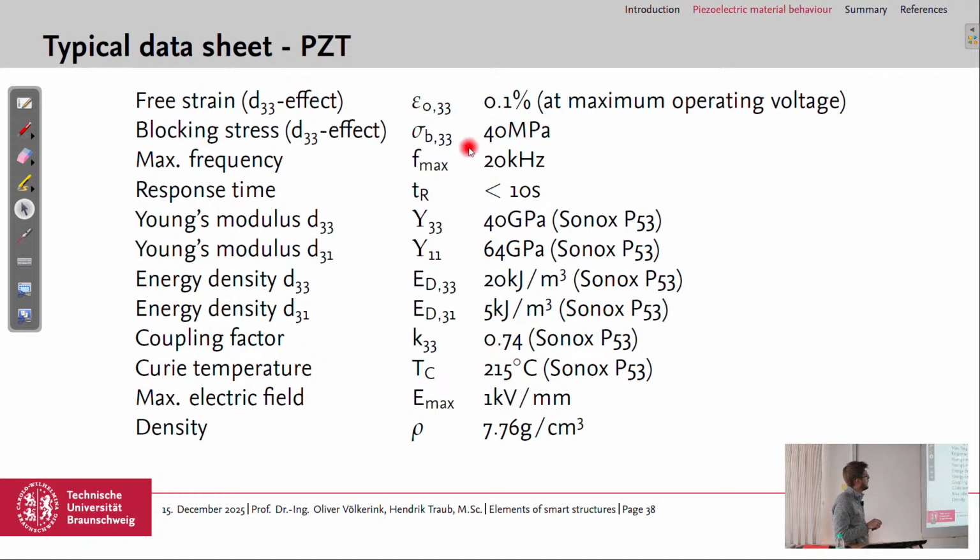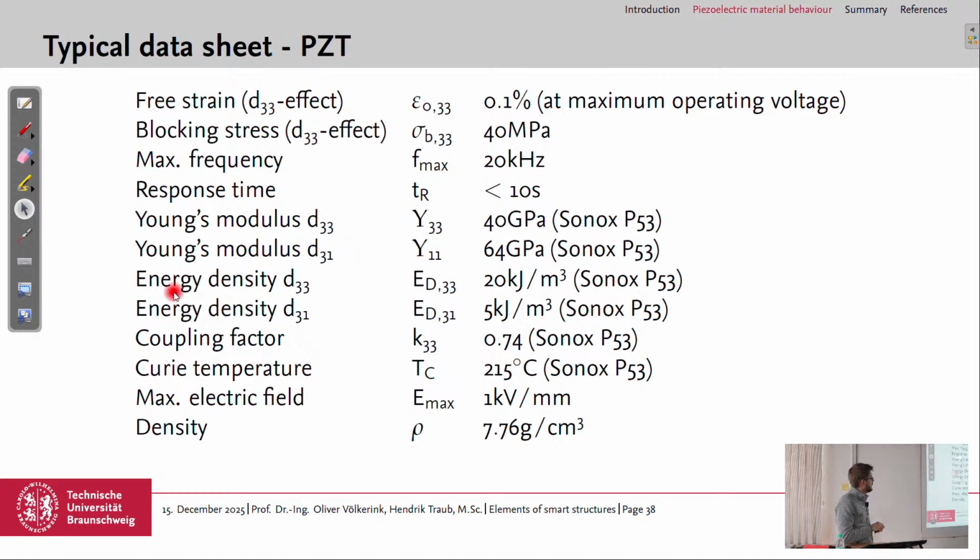Frequency is up to 20 kilohertz, but we have not gone into detail about this. The modulus is different in the 3-3 direction and in the 1-1 direction because we have anisotropic behavior after the polarization. And it's between 40 and 64 gigapascals for this Sonox P53 material, so close to aluminium in the one direction.